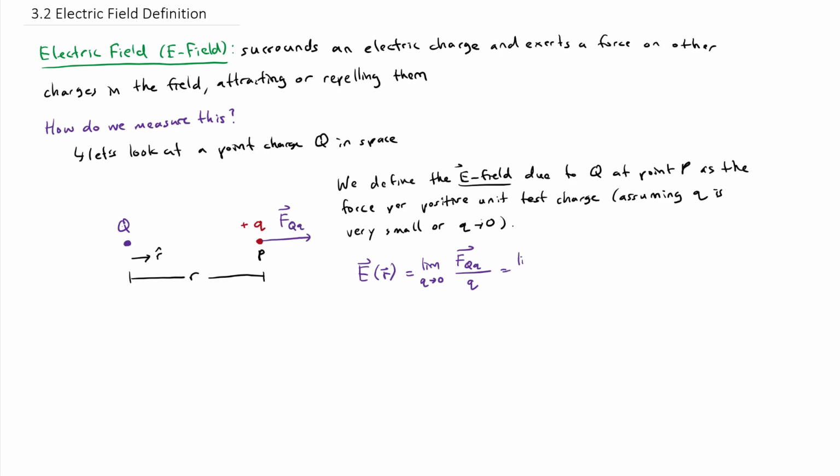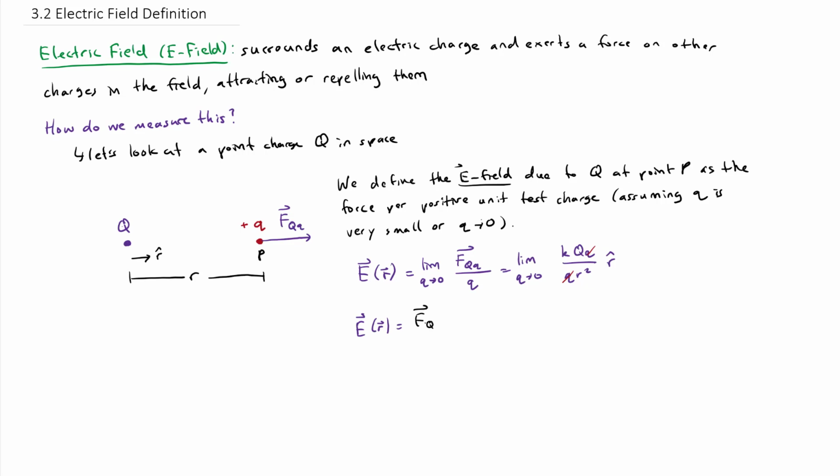So that means it's going to be the limit as q approaches 0 of k Qq over q r squared in the direction of r. So another way of writing this, to simplify it, would be E of r. The q's can cancel out, just like this. This gives us FQ.